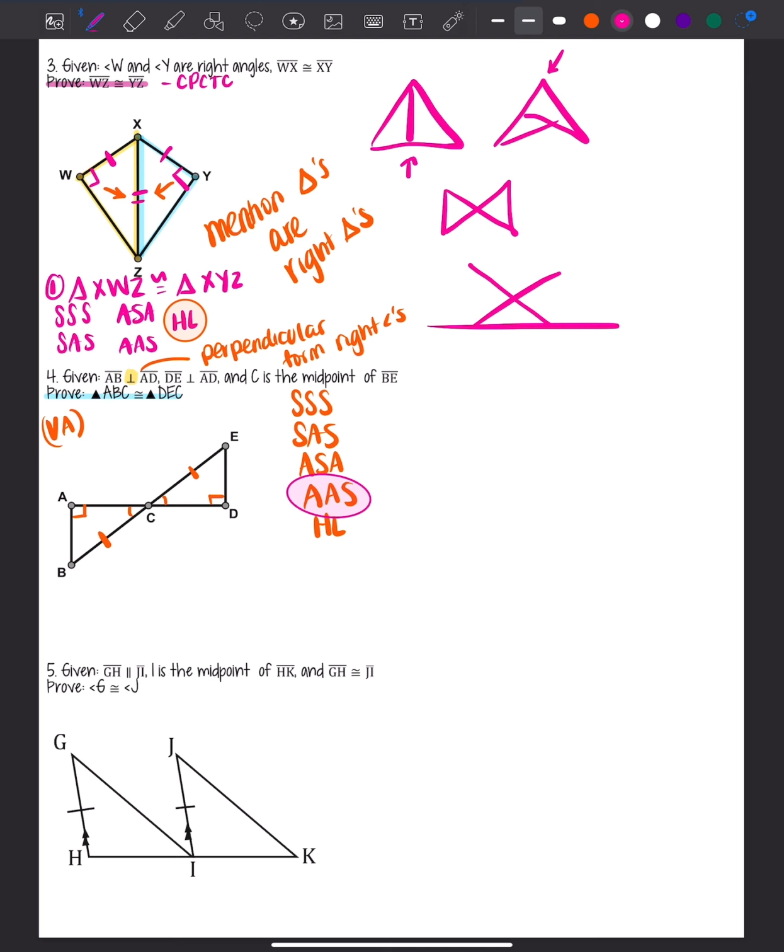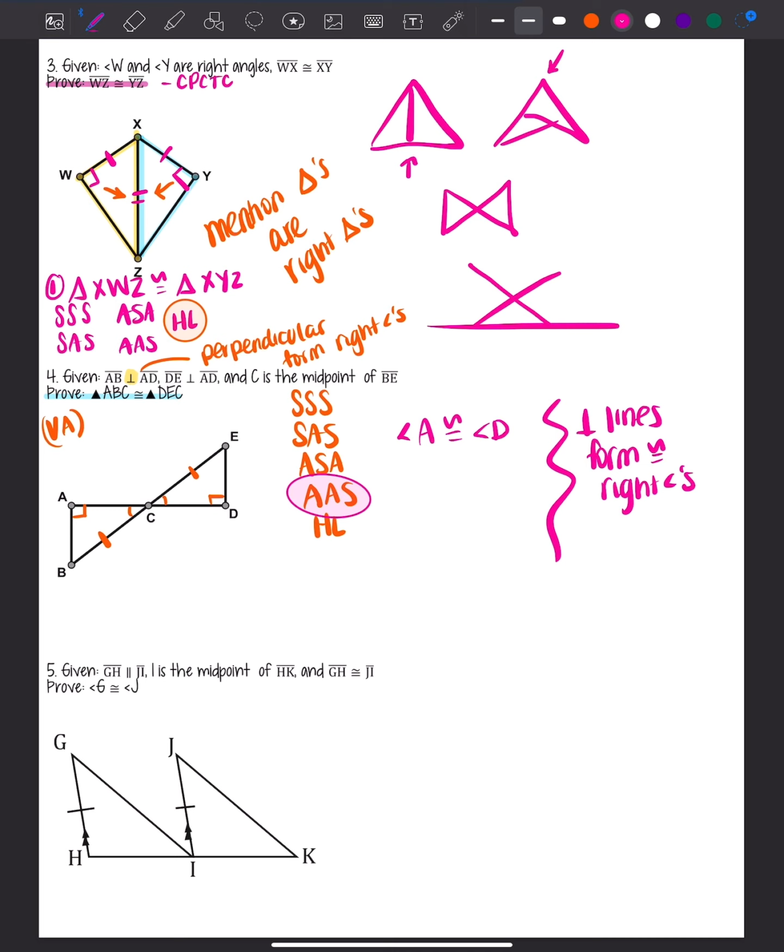Or I can just make a statement that says angle A is congruent to angle D, and the reason for that is because perpendicular lines form congruent right angles. Whenever you see me writing a proof, I'm always going to do a shortcut because, you know, Miss Heard likes a shortcut. But you do what works for you.